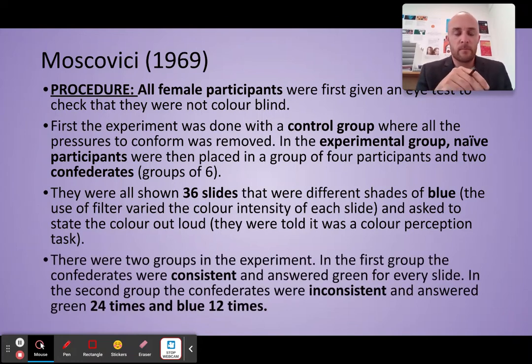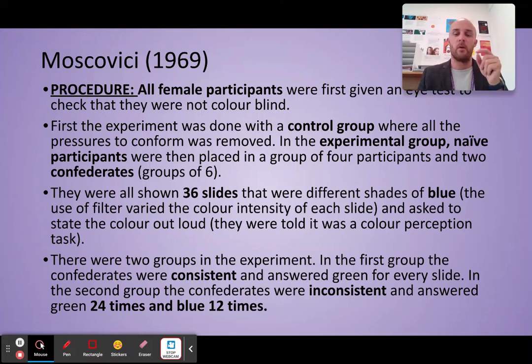There were two groups. So basically, in a group, you had 4 actual participants and 2 confederates in on the study. Unlike Asch, the confederates were the minority. So you had consistent confederates who would constantly say green, green, green, green, and you had inconsistent, where 24 times they said green and 12 times they said blue.